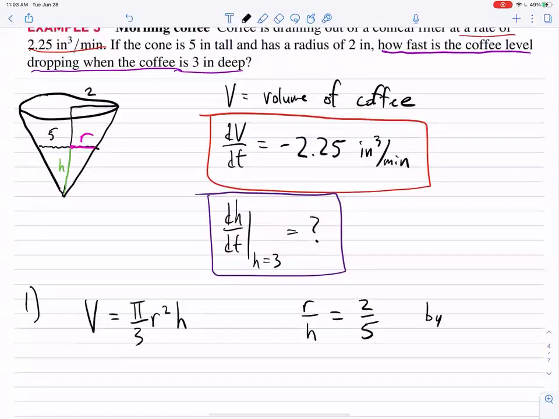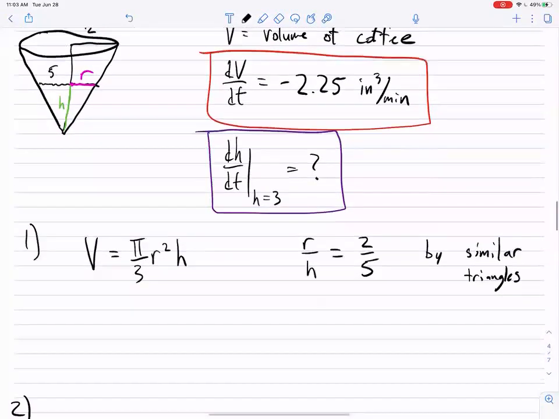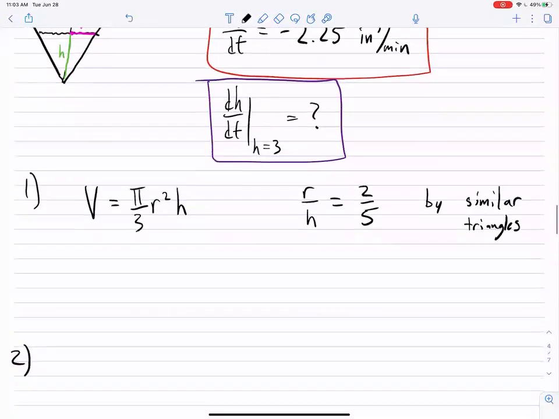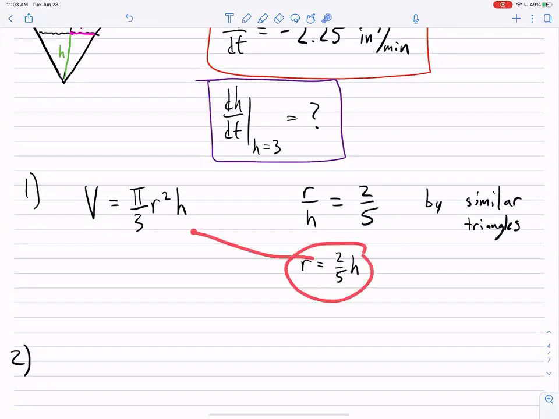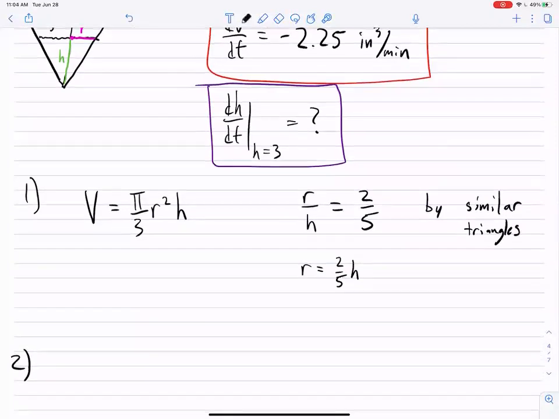And this is by similar triangles. That will be the other one we're going to need. And so this gives us that r is equal to 2/5 h. This allows us to get the volume only in terms of h. And so we'll do that now.